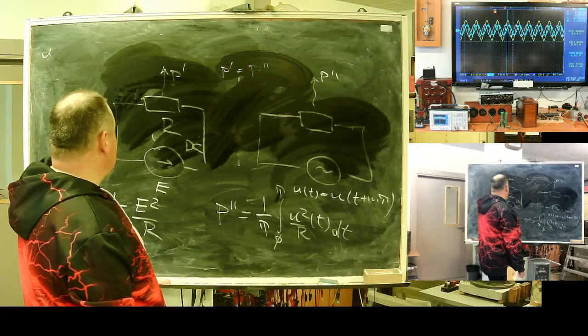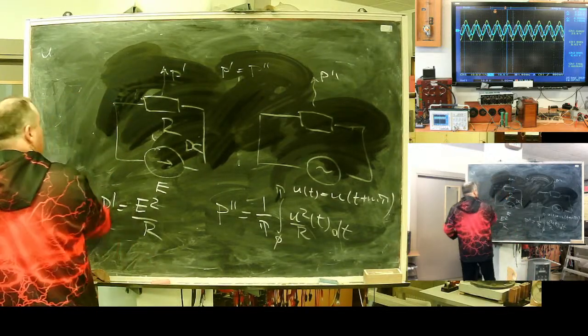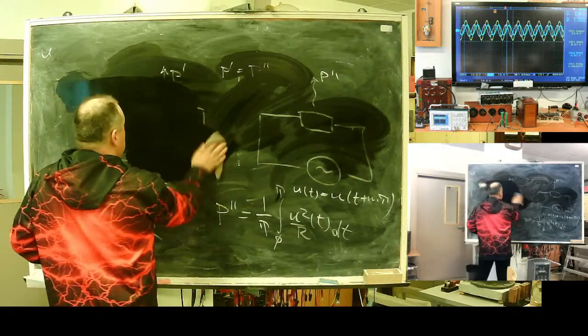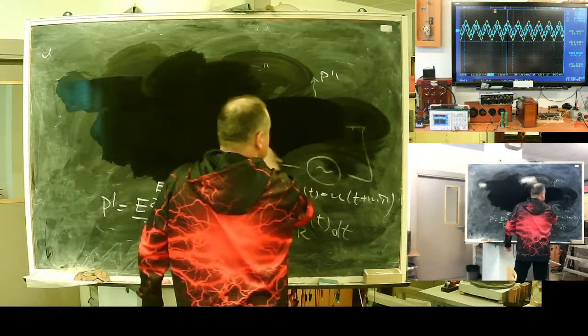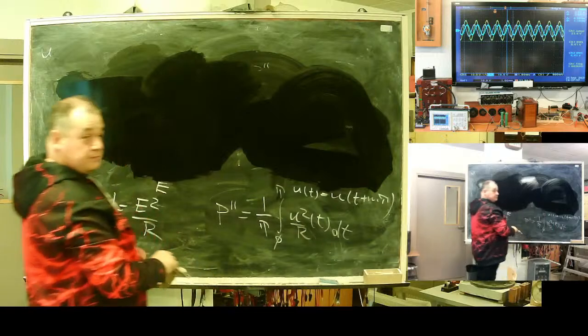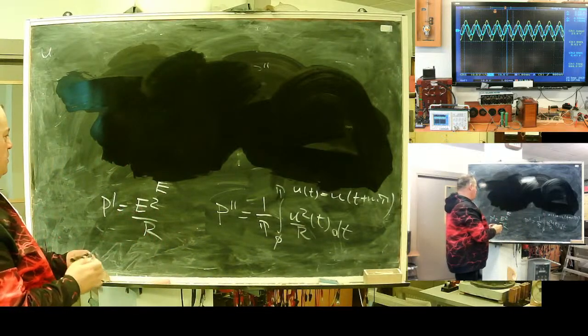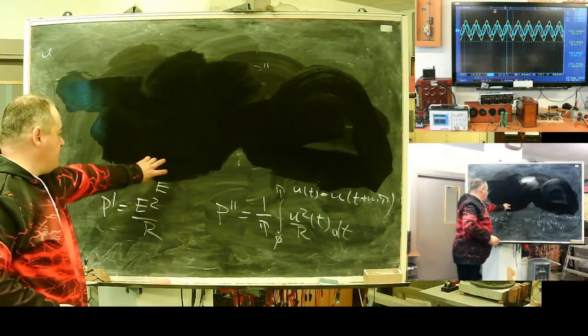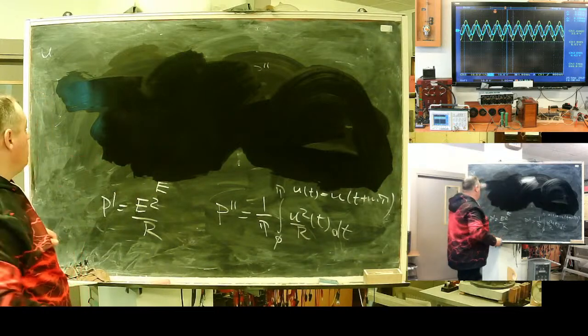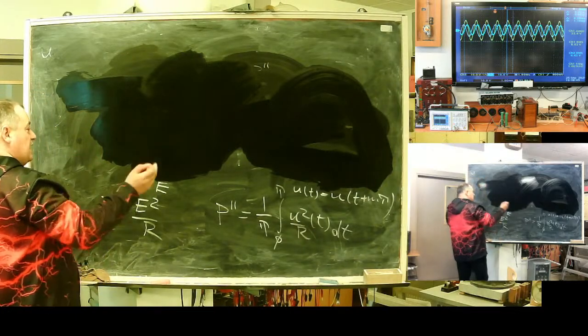We can get an equivalence. What's the E in this? It's the value of this source, equal for both. Right? Yeah.